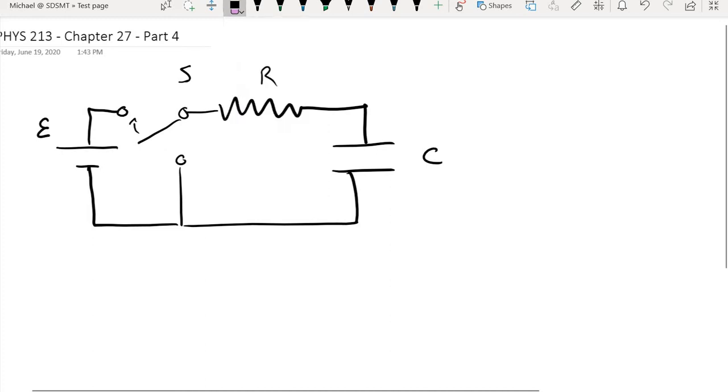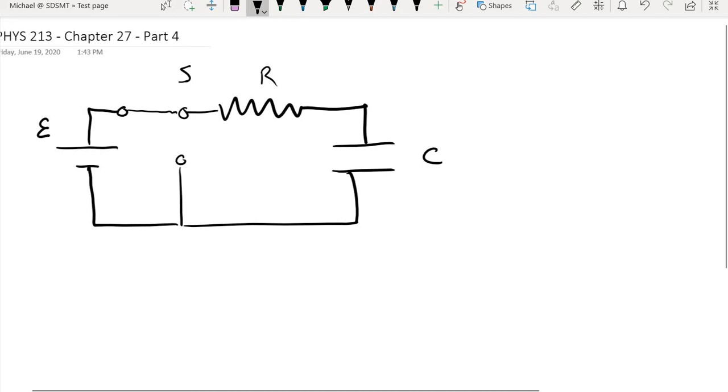So I'm going to go ahead and start us off by having the switch connected to the battery. And now we can see a closed path that includes the battery, the resistor, and the capacitor. This portion right here is not contributing to anything because this is not part of any closed loop.